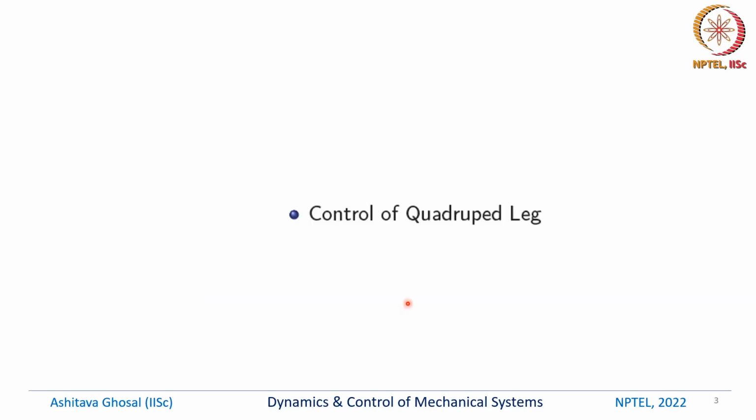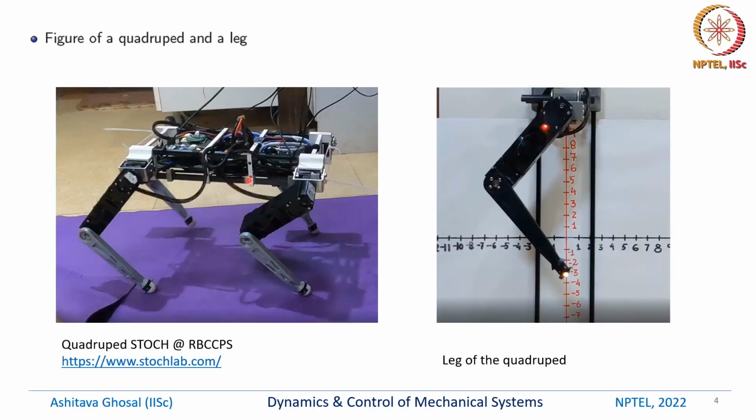So let us start with control of a quadruped leg. The figure on the left shows a quadruped. The figure on the right shows a leg of the quadruped. A quadruped is basically a four-legged mobile robot. Each leg consists of these two links or two limbs. There are these joints here, one here, one here.